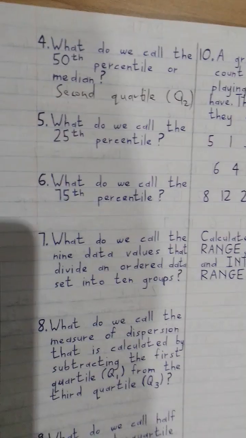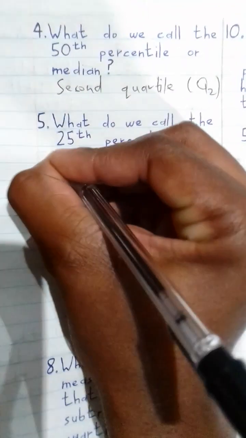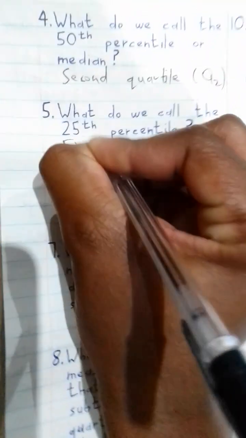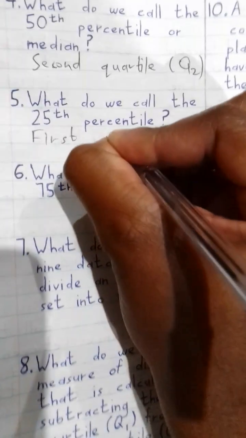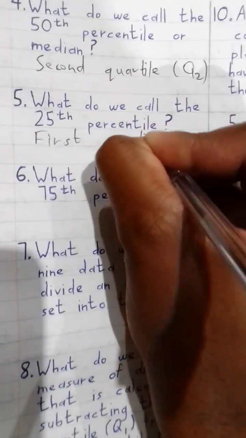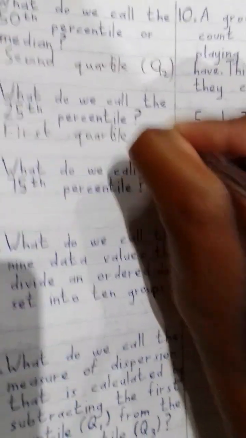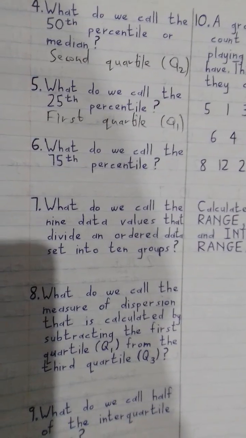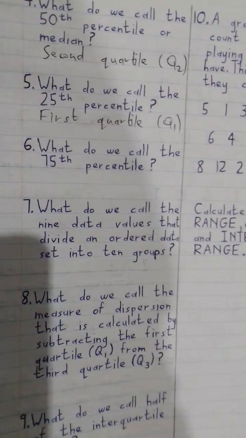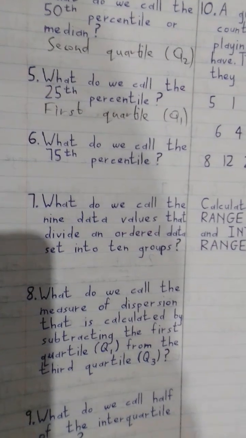Remember, the 25th percentile is called the first quartile, Q1, or the lower quartile. Number 6 asks, what do we call the 75th percentile? The 75th percentile is also called the third quartile.